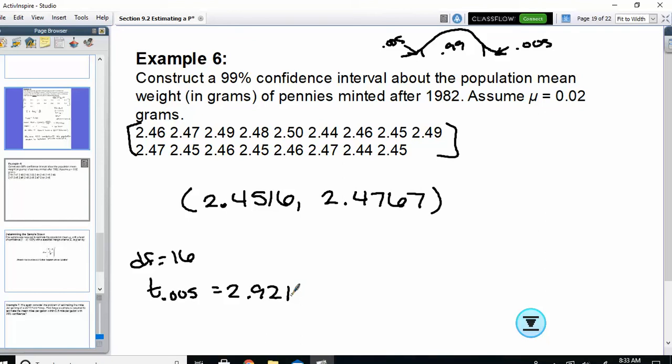Again, we didn't have to have that because we did the confidence interval on the calculator, but I just wanted to practice finding the t-value if you were doing it by hand. Any questions on that?